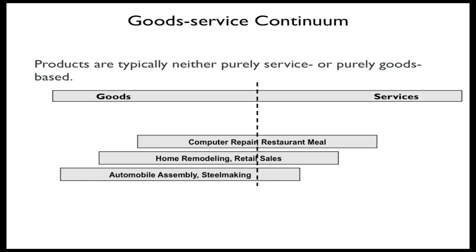Computer repair, a restaurant meal. In a restaurant meal, it's really half of it is the food. You're eating food, which is a goods, but you have a server, they're transforming this food for you. It's a certain time that you're eating it, which is the service side of it.